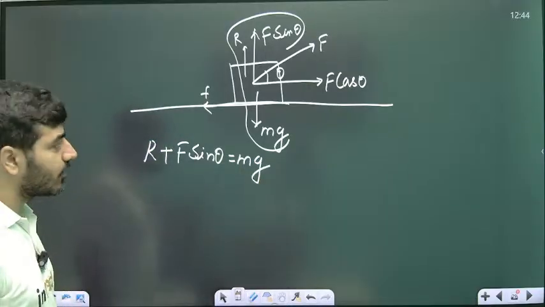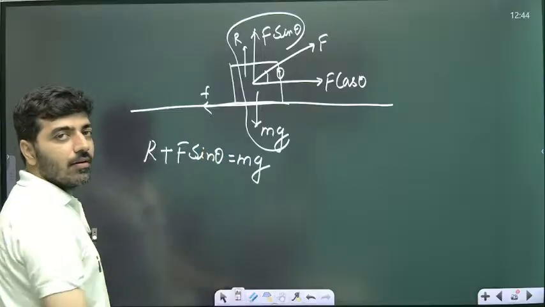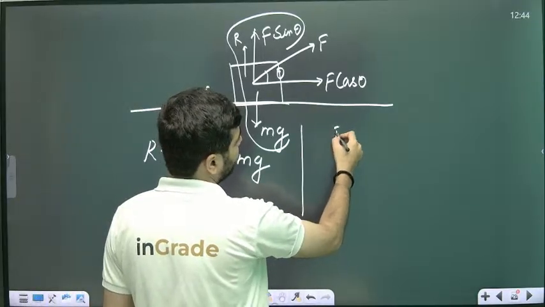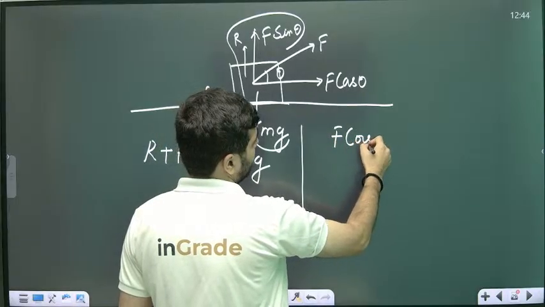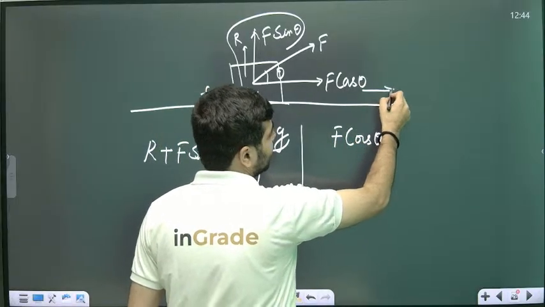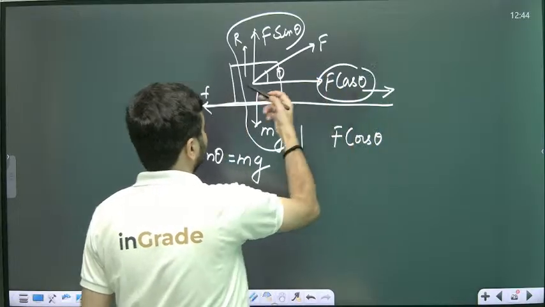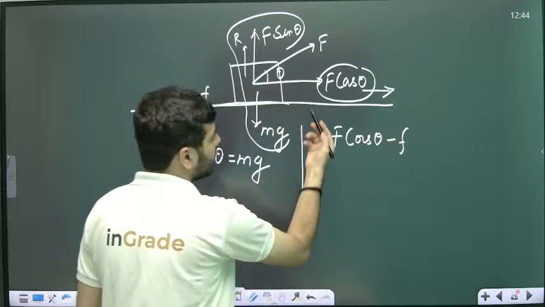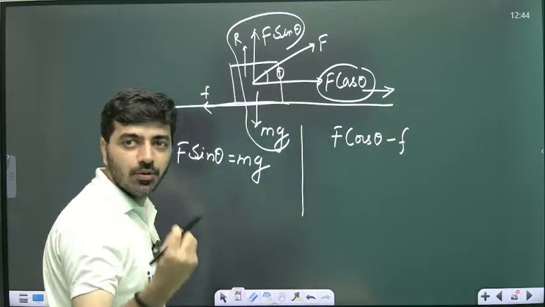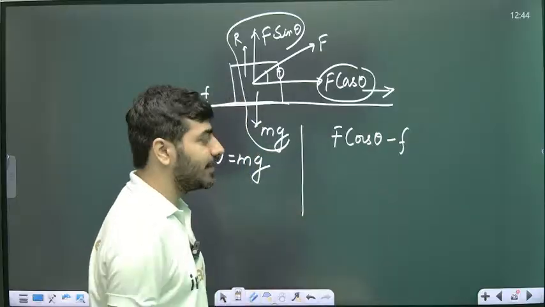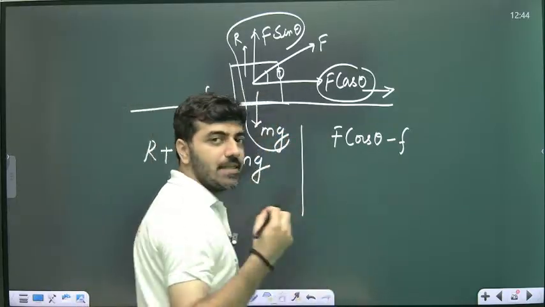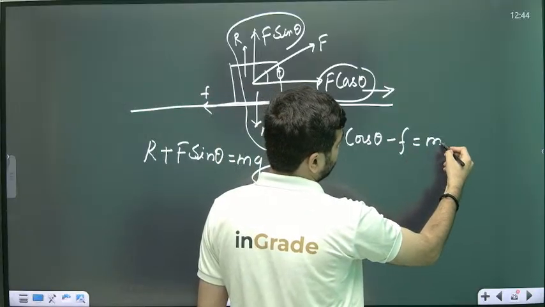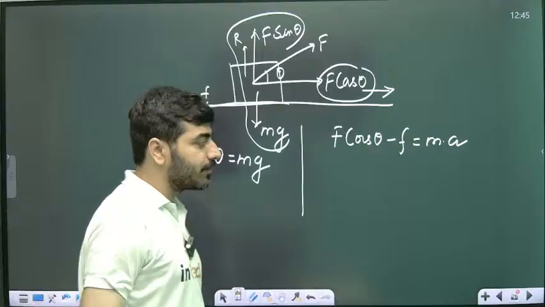Now we have to balance the horizontal part. F cos theta, because the body is moving in this direction, is greater than the friction force, so F cos theta minus f, because F cos theta and f are in opposite directions, so I put the minus sign. If the body is moving with acceleration a, then this equals m a.